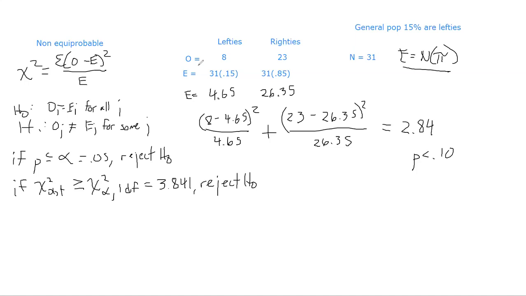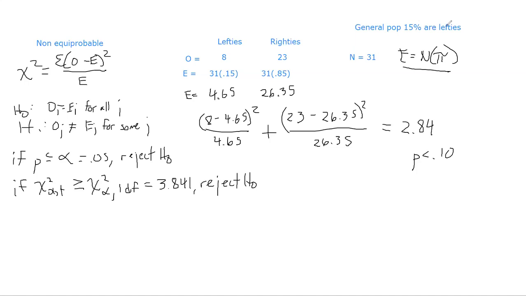And the key thing is in the non-equiprobable examples, you have to have a specific non-equiprobable distribution that you're comparing your sample data to. So when I gave the additional information up here, that 15% of the general population are lefties, that is the big clue that this is a non-equiprobable chi-square.